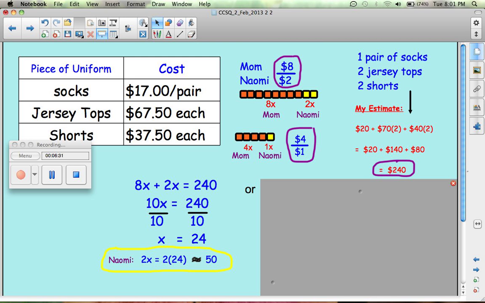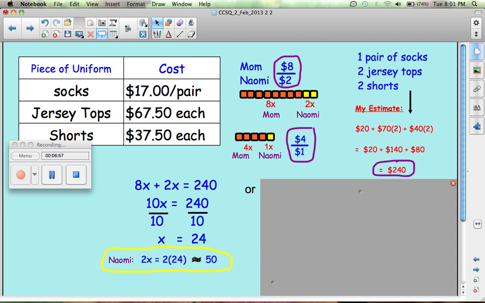So if I were to use the 8-to-2 ratio, that's just fine. 8x represents Mom's portion, plus 2x represents Naomi's portion, and altogether we said it's about $240. So when we combine like terms, 10x equals 240. We divide both sides by 10. x is 24.